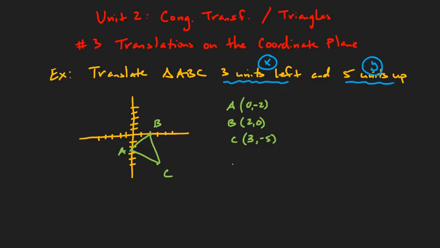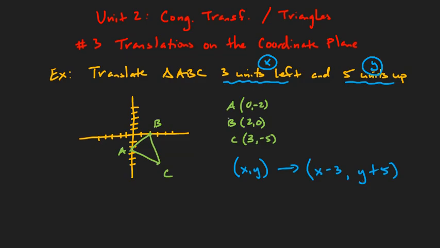We're going to take all of our original points, X and Y, and to the X, we're going to subtract 3. And to the Y, we're going to add 5 because we're going up. This is how we're going to get our new coordinates.